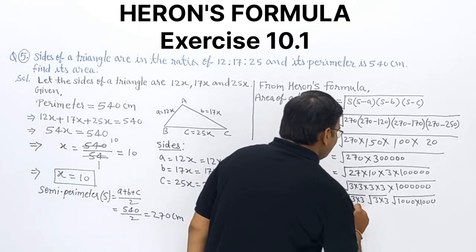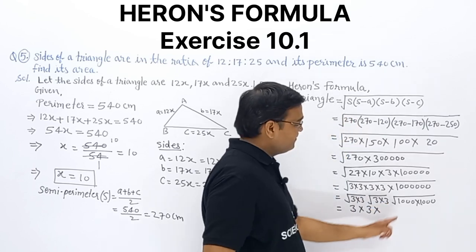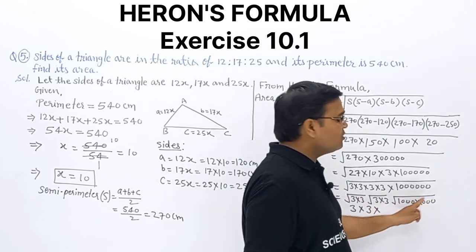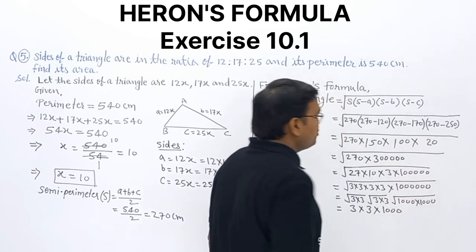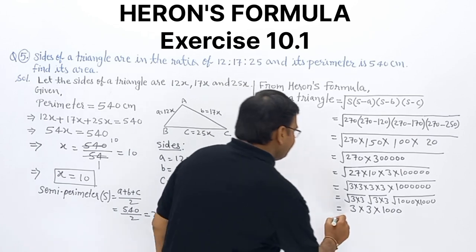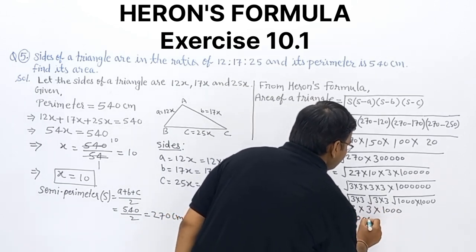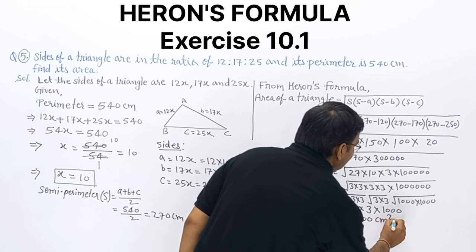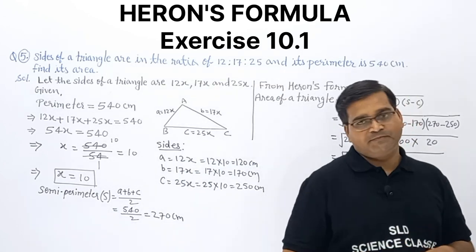So its square root will be 3, and the other square root is 3. Now we have 2 times 1000, so 1 time 1000 will be its square root. Now multiply. 3 threes are 9, 3 zeros will be there, and the unit will be centimeter square. So this is the area of the triangle.